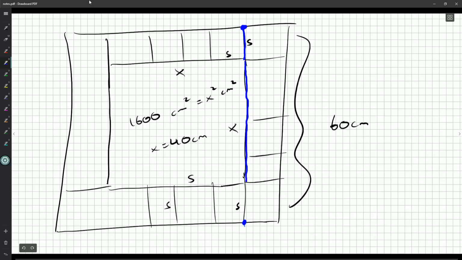X, the side length of the unshaded square-shaped region that we just worked out is 40 centimeters, and then another S. So I can see that 2S, 2 times the side length of the shaded squares that we are using to shanks decorate, must be what's left over when you take the 60 centimeter side length and subtract off the 40 centimeters. Well, that's going to be 20 centimeters.